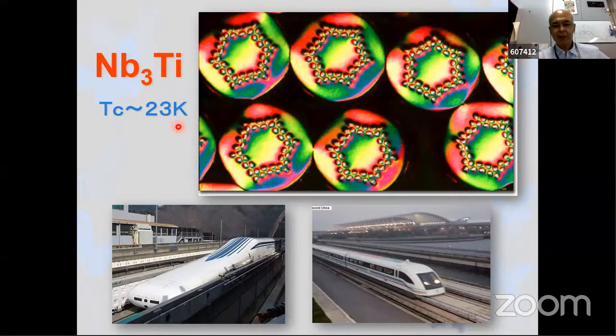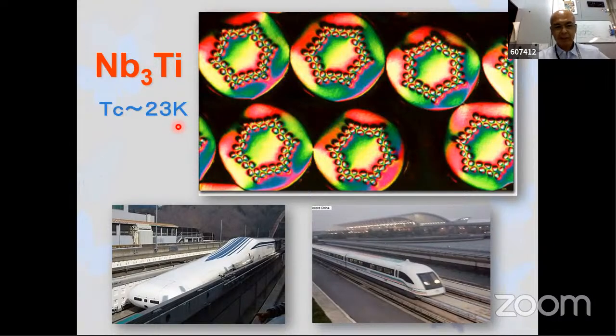But liquid helium is very expensive, not so easy to make, and not so easy to handle. So what is required is: are there any materials which have higher Tc than the liquid nitrogen temperature?